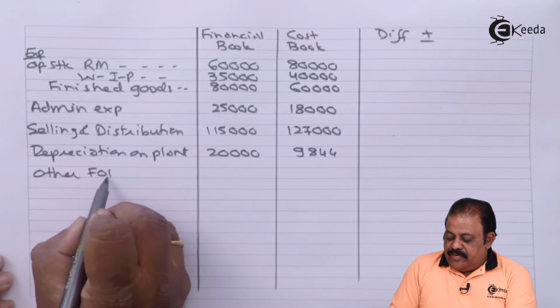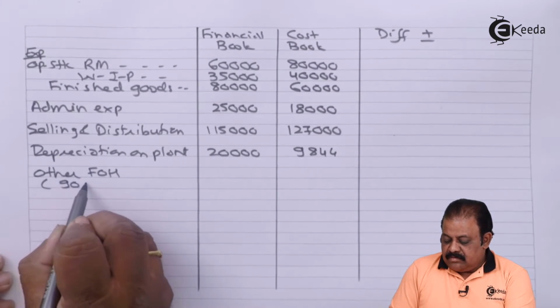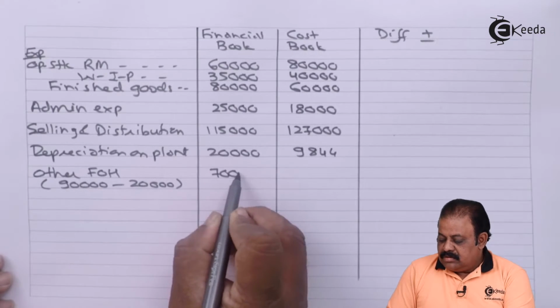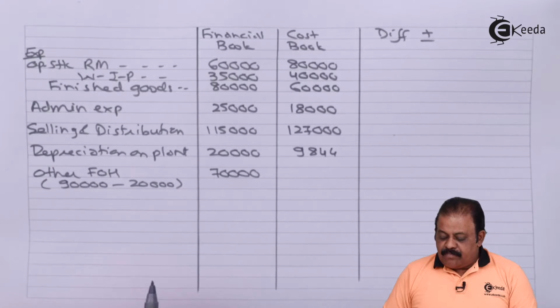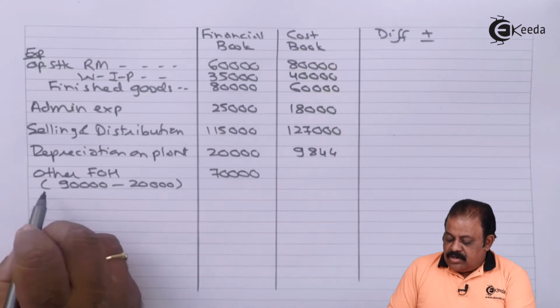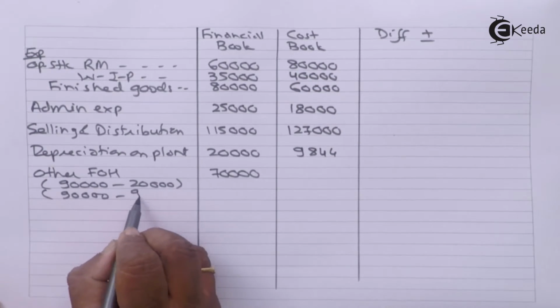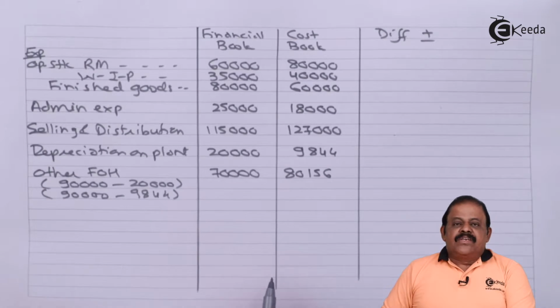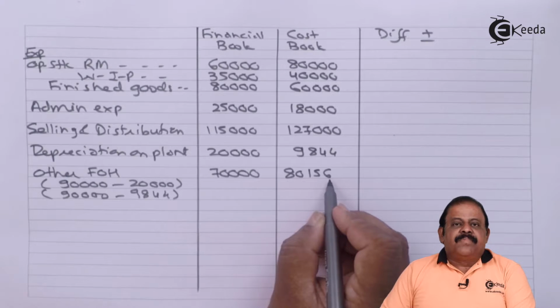So other factory overheads: 90,000 minus 20,000, it is 70,000. In case of cost book, other factory overheads will be 80,156.